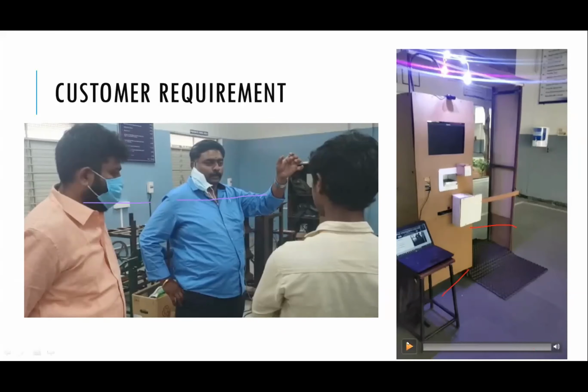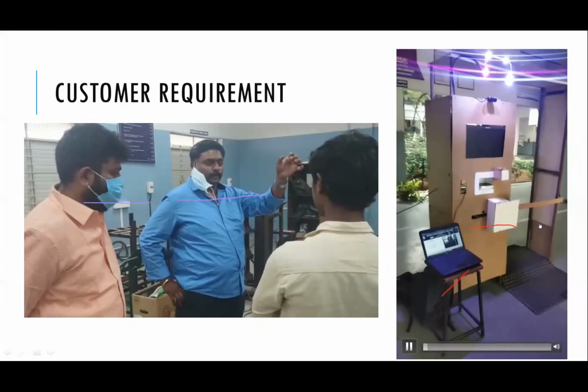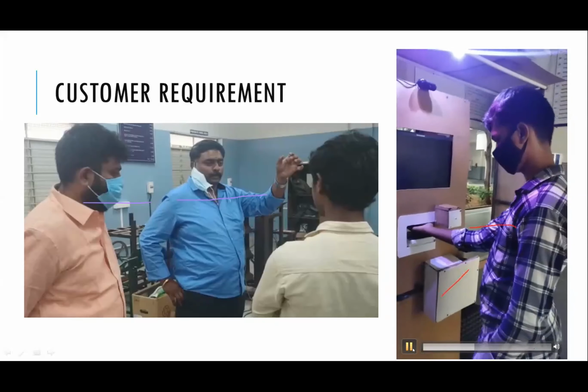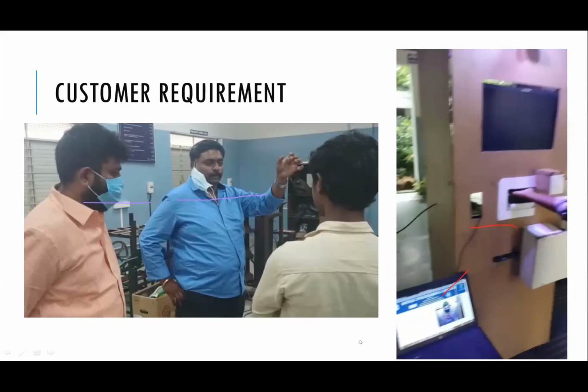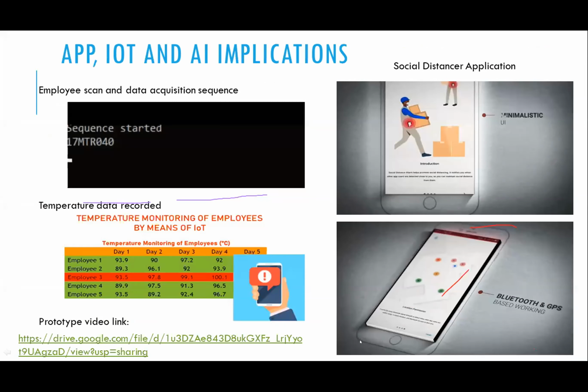So we made a final prototype in this format. This is what we made, and here we are testing it. Here we can see a base structure. The face mask should be detected, and the temperature should be monitored. Once the temperature is monitored, a person can enter into the concern.